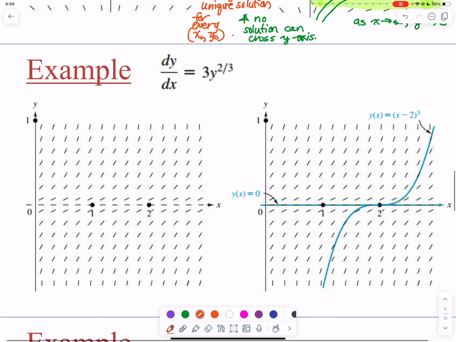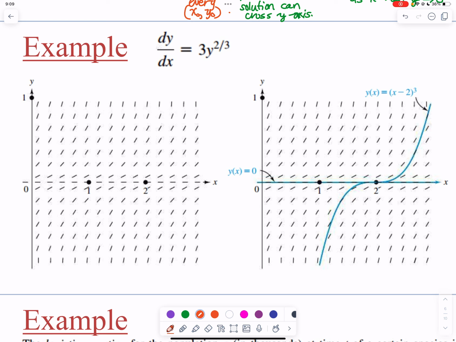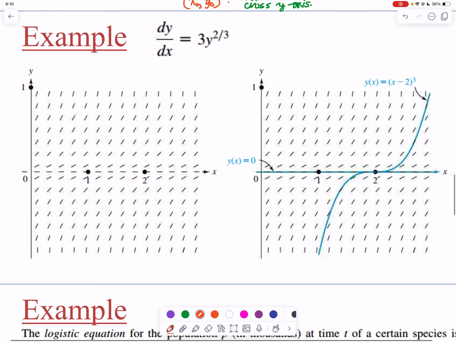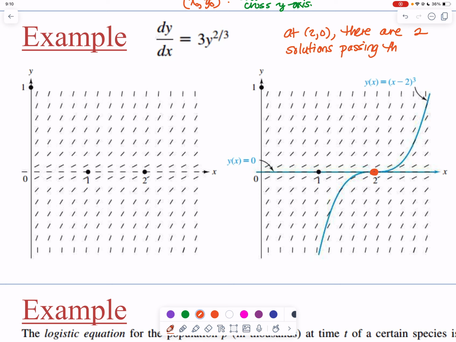Okay, let's look at this next example. dy/dx is equal to 3y to the 2/3 power. Now, this is a very interesting differential equation because what we have here is two solutions passing through this one point. So at 2, 0, there are two solutions passing through.